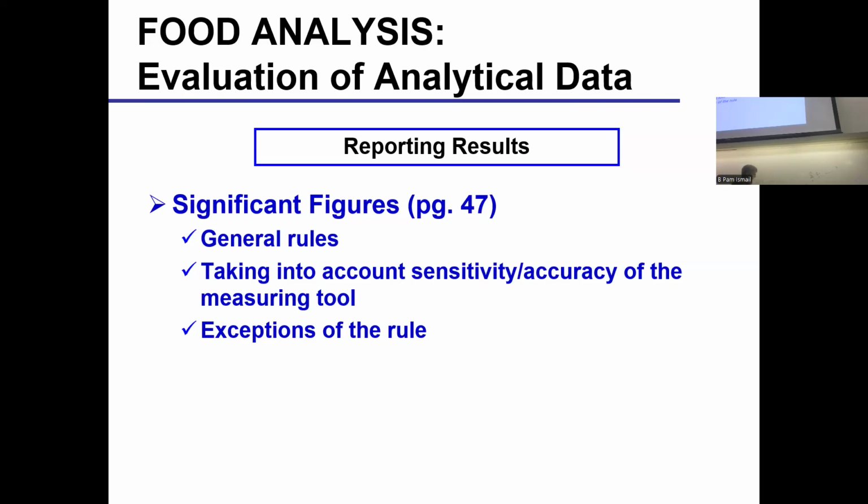What happened now? You killed the sensitivity of your method. You can no longer determine differences in samples that are close in concentration. So we have an issue. Then I go back and say, is it really 50? Or what is the accuracy of my volumetric flask?